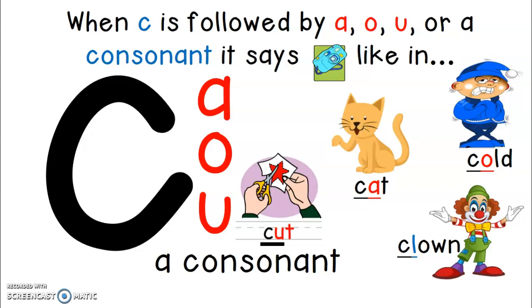When C is followed by A, O, U, or a consonant, it says K, like in cat, cold, cut, clown. The letter C is considered the hard C with these sounds. It makes the K sound.